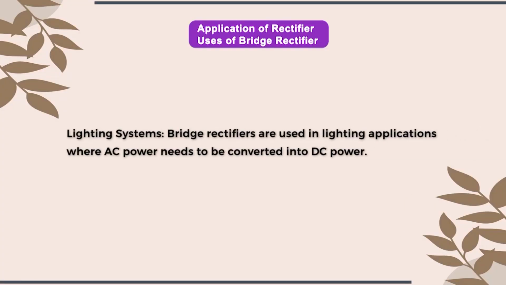Next application is the lighting system. The bridge rectifiers are used in lighting applications where AC power needs to be converted into DC power. Now some lighting systems are such that they work on DC supply, because their working process is different, and maybe they have a very high power rating.